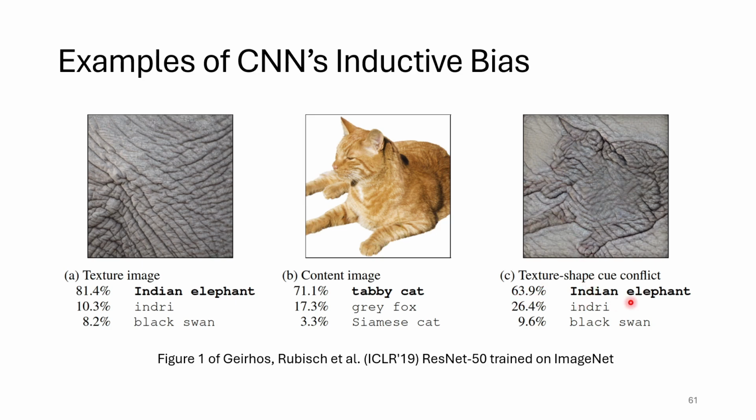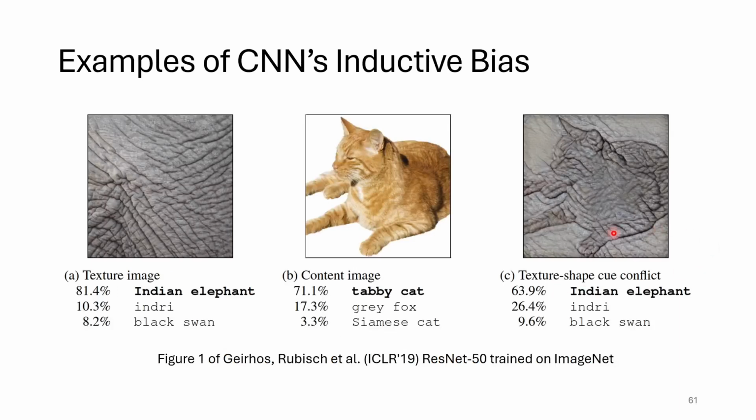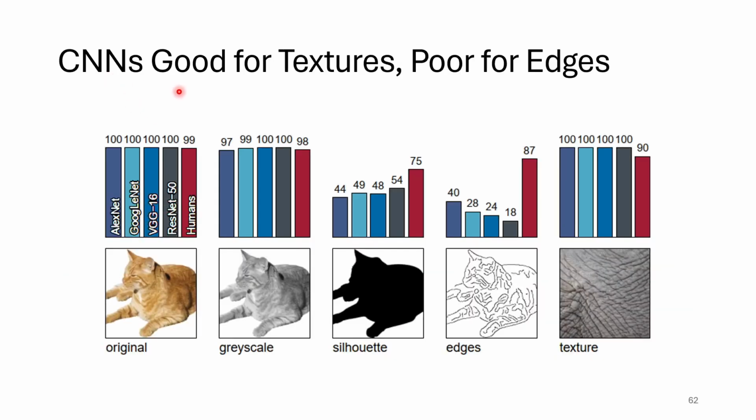Why? We human beings say this is a cat. But for CNN based methods, the reason is texture. We know CNNs look at nearby pixels first. So in this case, if they only pay attention to nearby pixels, they will see this is the elephant because of texture. So CNNs are good for texture but poor for shape.